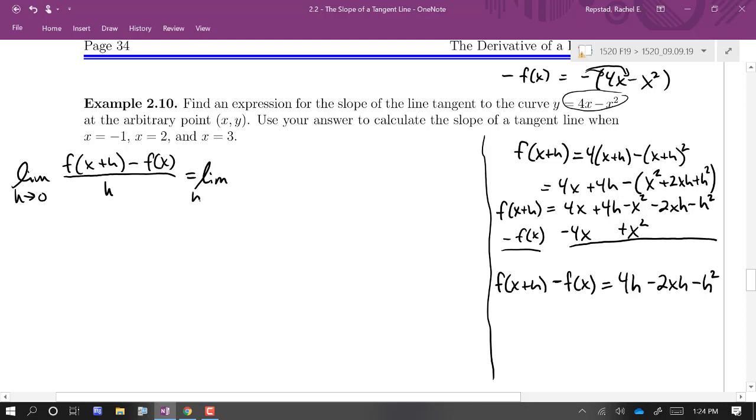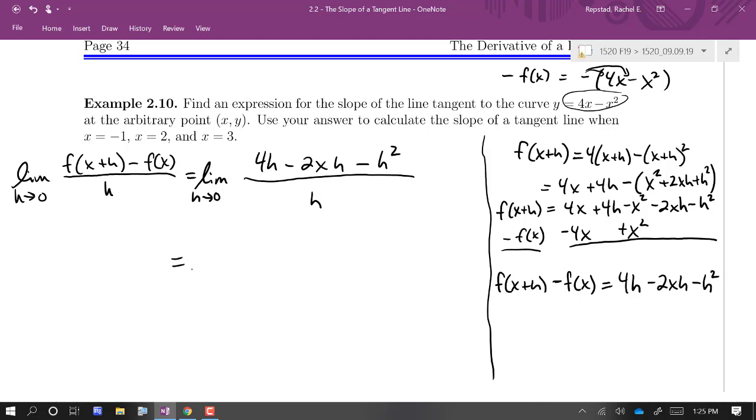I'm going to go back here to our limit and write this out first. We want to let h approach 0, and so of course initially we can't do that. That's a problem. We can't divide by 0. But notice that when we did this subtraction, every term has a factor of h in it.